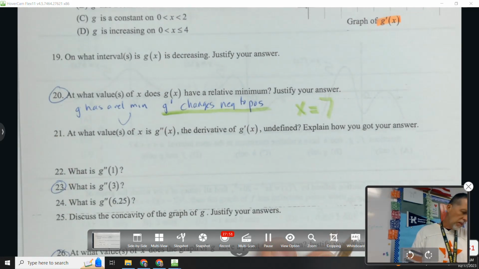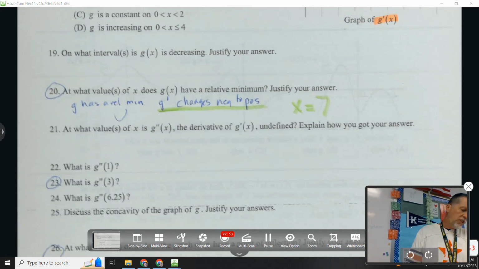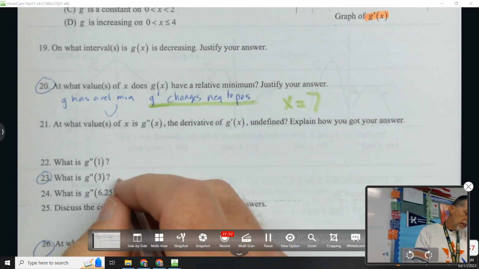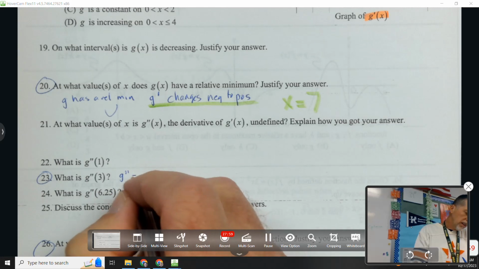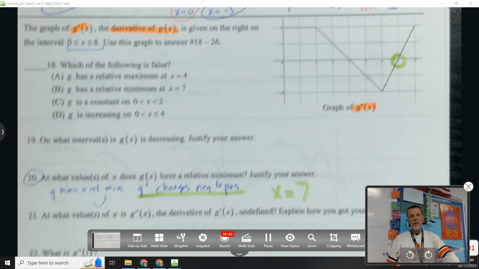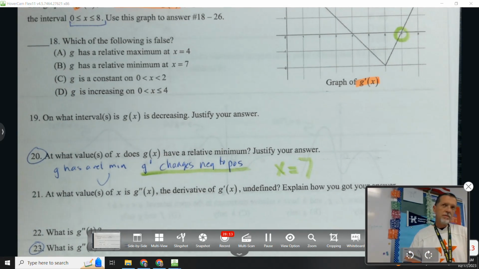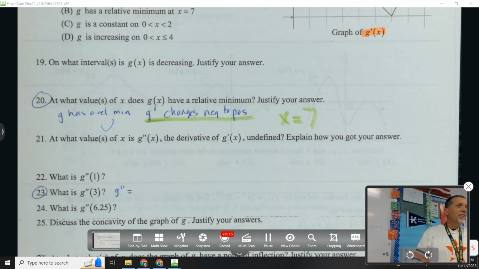Number 23. What is g double prime of 3? G double prime, but I don't have a graph of g double prime. I have a graph of g prime. How do I get g double prime if I'm looking at the graph of g prime? Noah, what are you about to say?